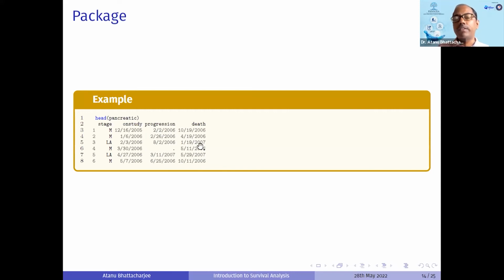Obviously, death is a terminal event. Progression always happens earlier than death. And secondly, if you don't have the information, you can say the patient died without having progression. In that case, you can put the date of death as the progression date, followed by 1 or 0. So the patient did not progress, but the patient died. That kind of scenario might happen.